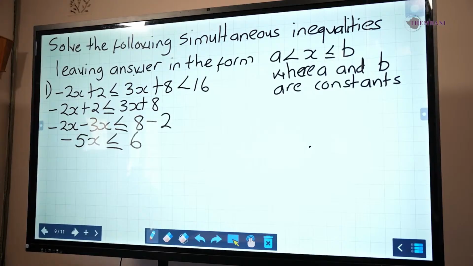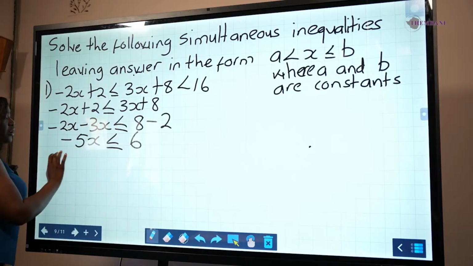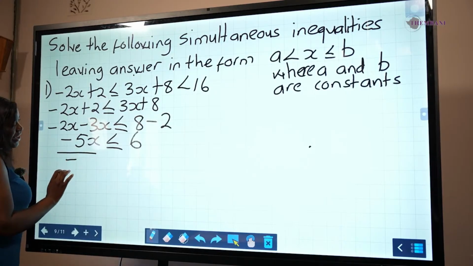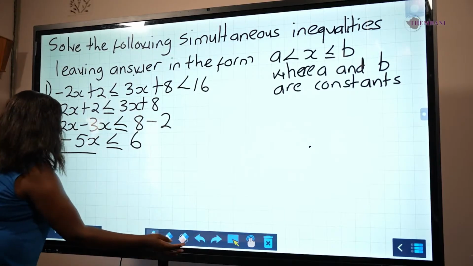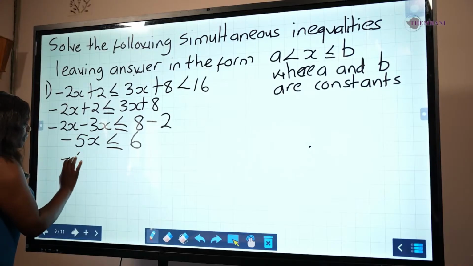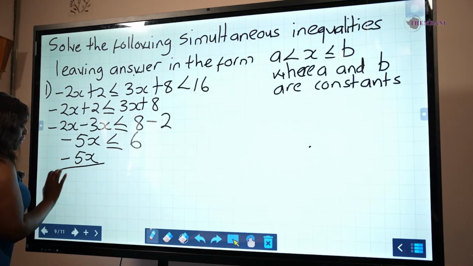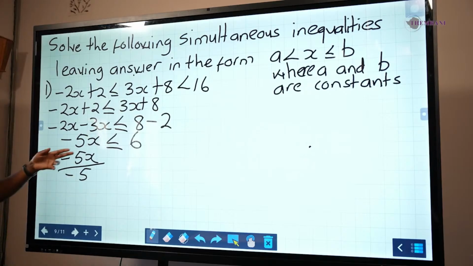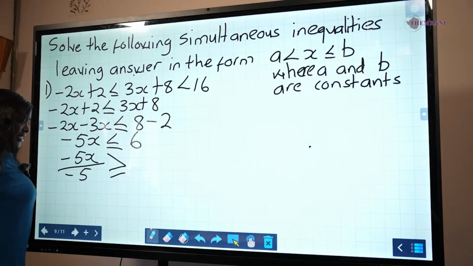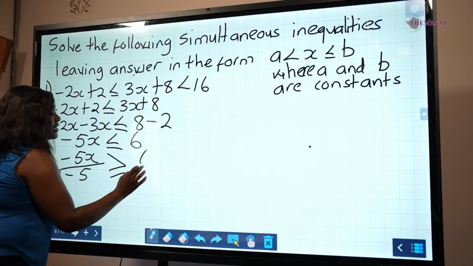we are going to divide both sides by a negative 5. We have negative 5x over negative 5. And if we divide by negative 5, our inequality sign changes direction. So it's now facing this side. It's now greater than or equal to. Then we have our 6 here.